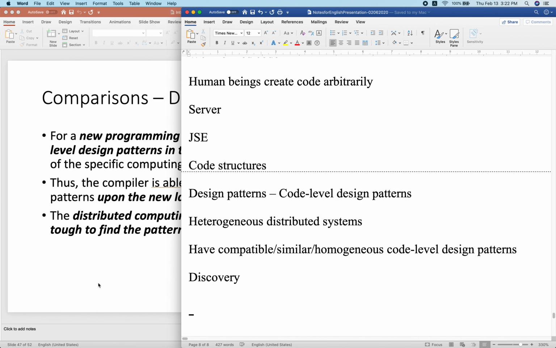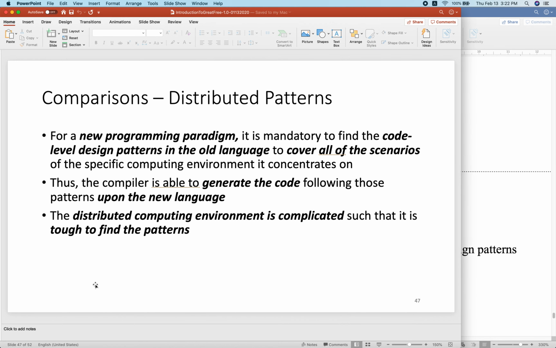That's a very important discovery, right? So that's why I wrote the statement here: for a new programming paradigm, it's mandatory to find the code-level design patterns in the old language to cover all the scenarios of the specific computing environment it concentrates on.